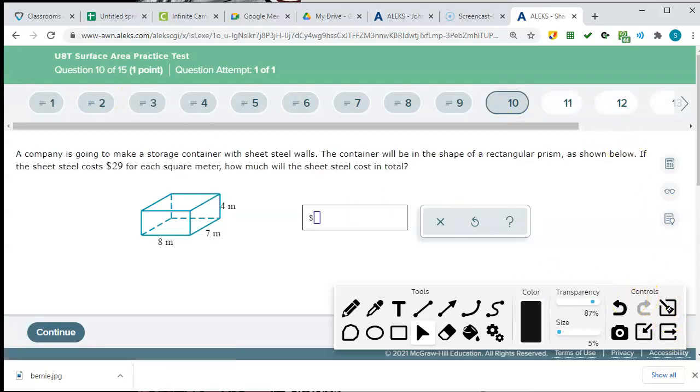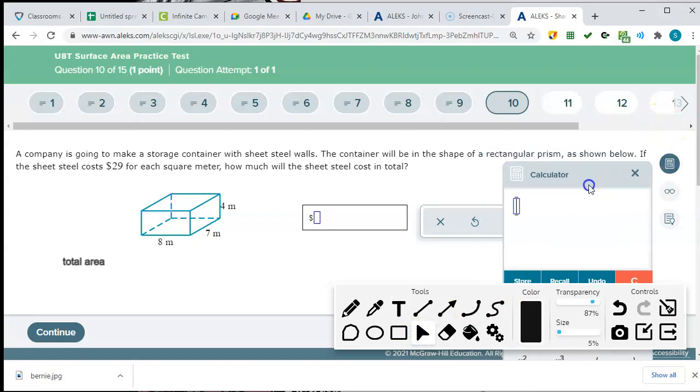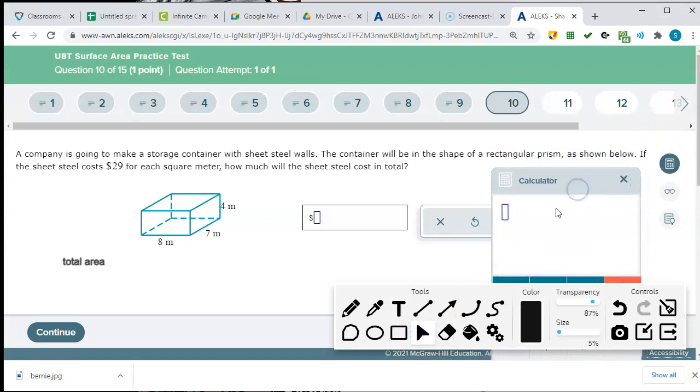So first thing we need to know is the area of all the sides. So again, I'm going to think of the front, back, top, bottom, left, right, and let's just go through and find our total area. I'm going to do it straight in the calculator because I'm going to use that number next. The bottom is 8 by 7, so that's 56 plus 56 for the top.